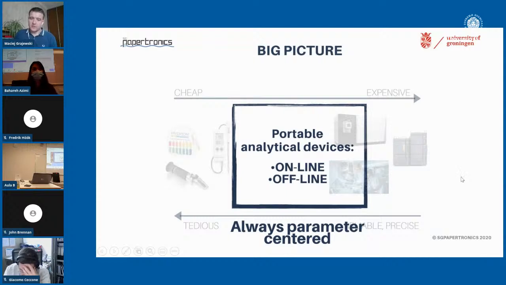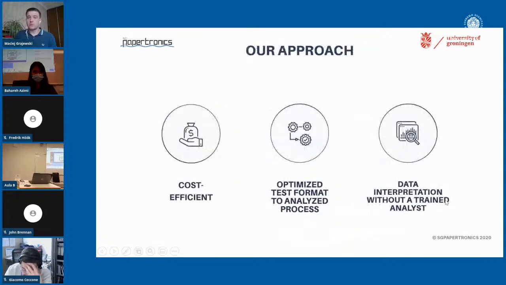What fills the niche between cheap and expensive is something we refer to as parameter-centered, meaning one device serves tests for only one parameter. What we would like to do is develop a device that can accommodate multiple tests in one readout device. As every startup, we have to be cost efficient.